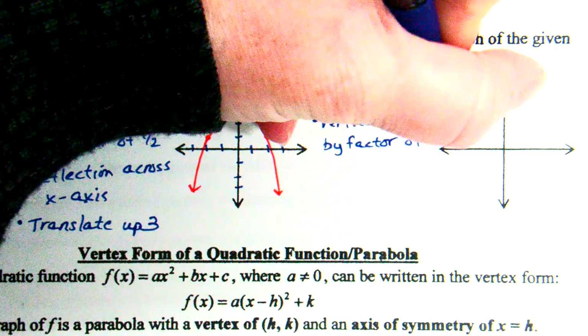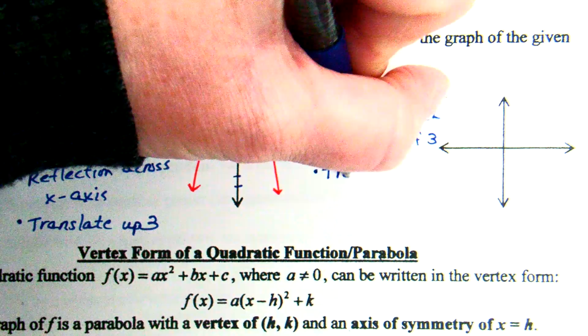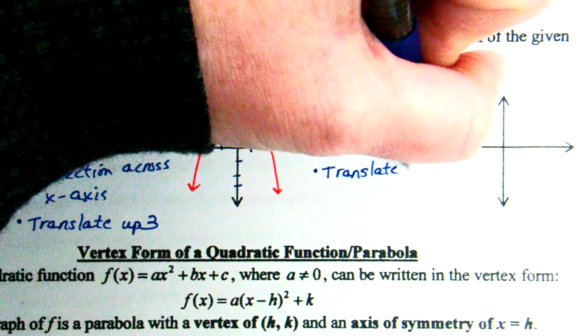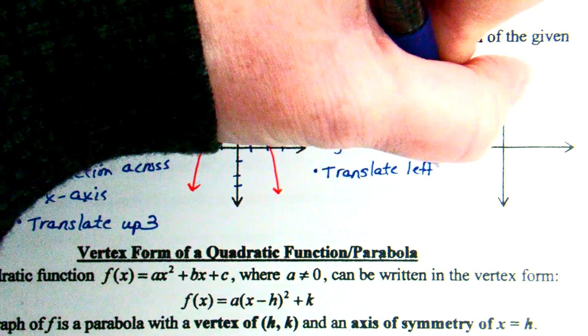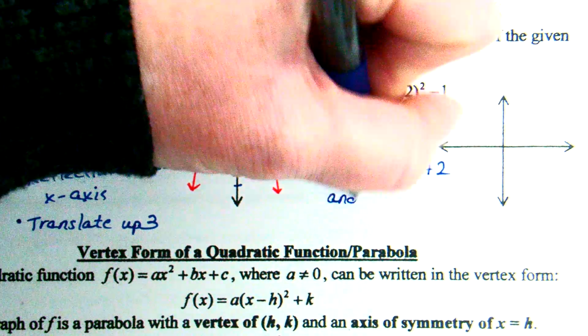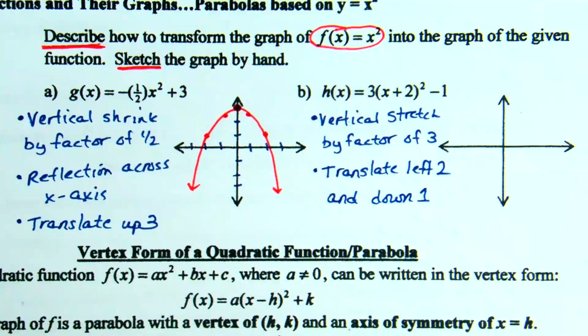Okay. So vertical stretch by a factor of 3, and translate. It doesn't really matter what you do first: left 2 and down 1.